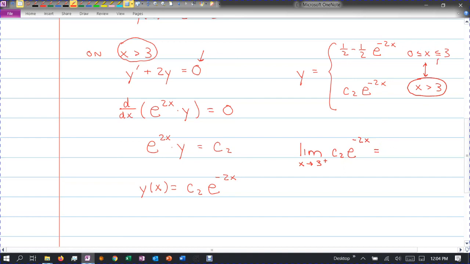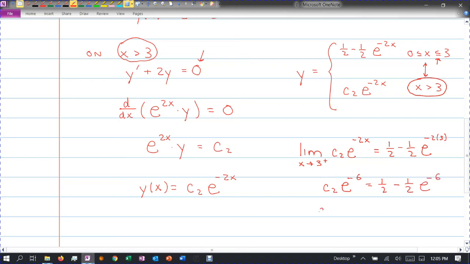So that needs to be equal to 1/2 minus 1/2 e to the negative 2 times 3. Now we can take this limit, let x go to 3, so we get c sub 2 e to the negative 6 must equal 1/2 minus 1/2 e to the negative 6.